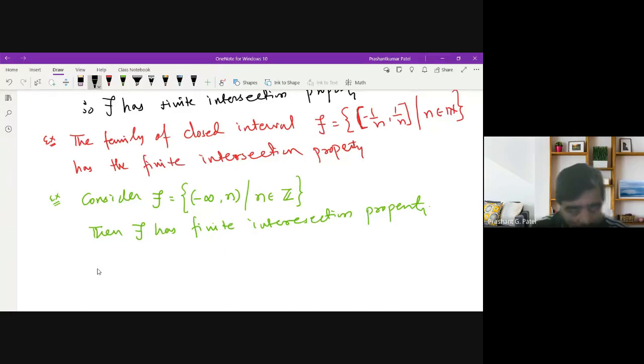Now, what will be the relation between the finite intersection property and compact sets? Based on that, we have a next result.